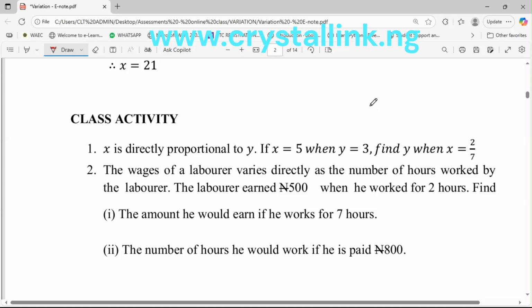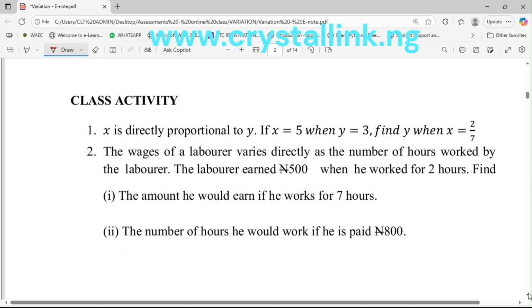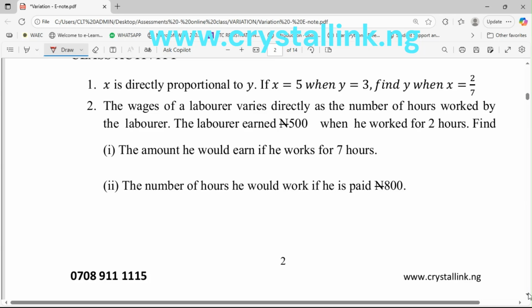So in this kind of problem, maybe we first of all want to represent the wages. You can use letters to represent the wages. I'm not going to solve it in full, but let me just give you a little tip of what to do. The wages of a laborer, so I can say let W equal to wage.